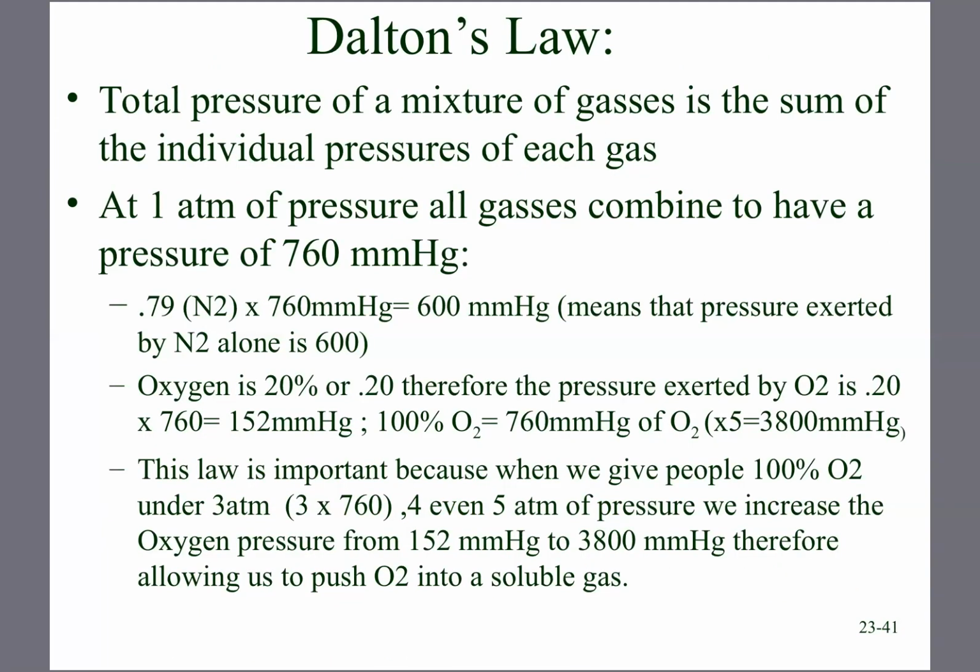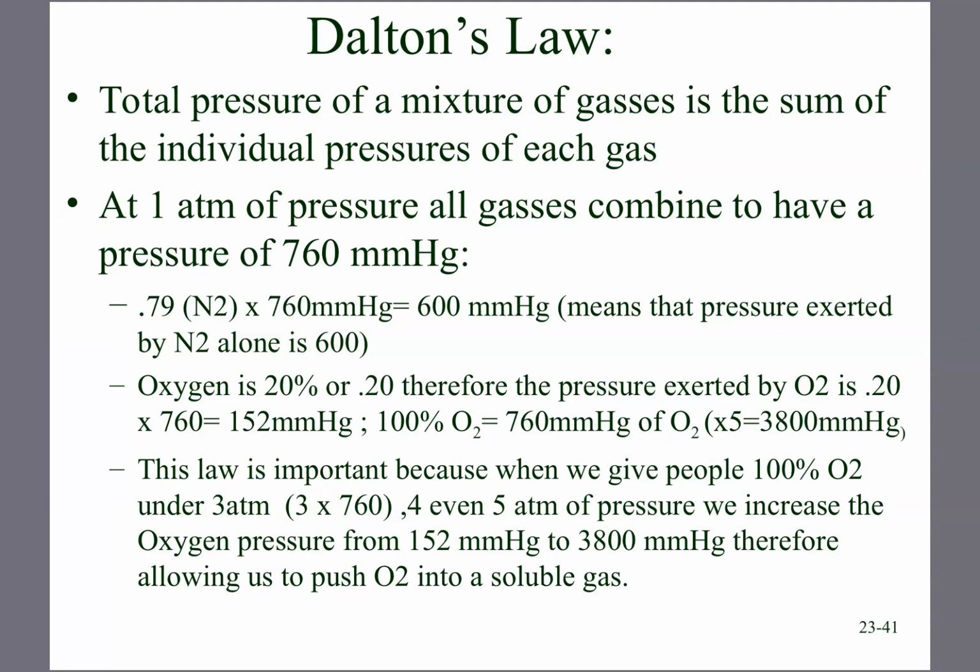Now, when we do have so much oxygen we're giving you, let's say I put you into a hyperbaric oxygen chamber. In a hyperbaric oxygen chamber, I can increase the pressure from 1 atmosphere to 7 to 8 atmospheres. At that high, 8 atmospheres of pressure, you're multiplying 8 times 760, right? So we're talking about almost 6,000 millimeters of mercury of pressure.